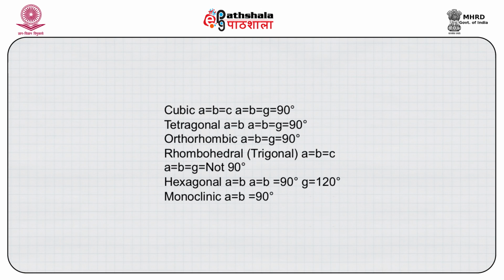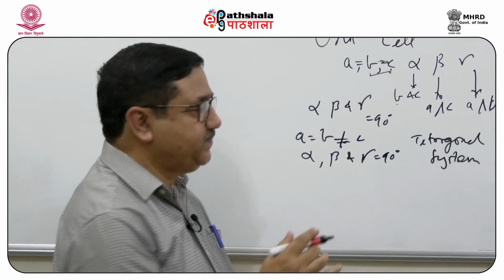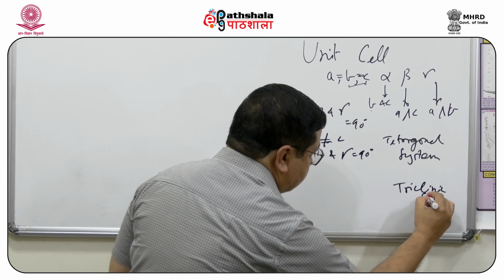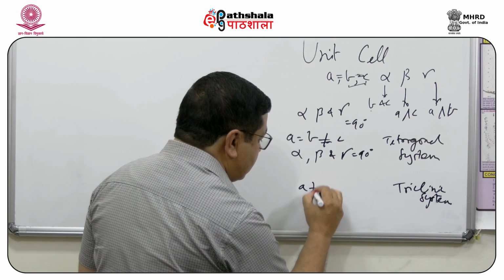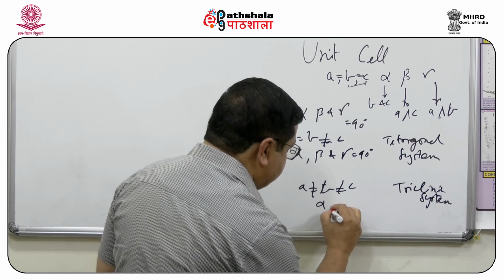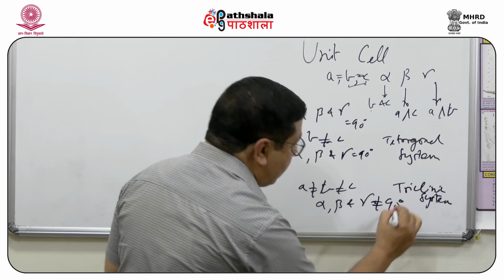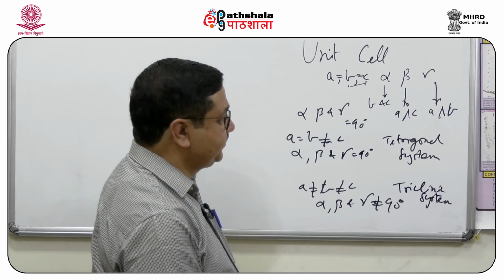We can have, as I said, 6 or 7 ways to describe the crystal systems, and the extreme end of this is the triclinic system, where A is not equal to B, is not equal to C, and alpha, beta and gamma are non-90 degrees. All angles are non-90 degrees, or a non-orthogonal relationship.